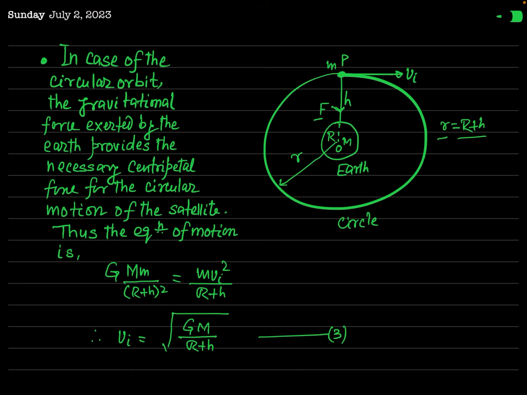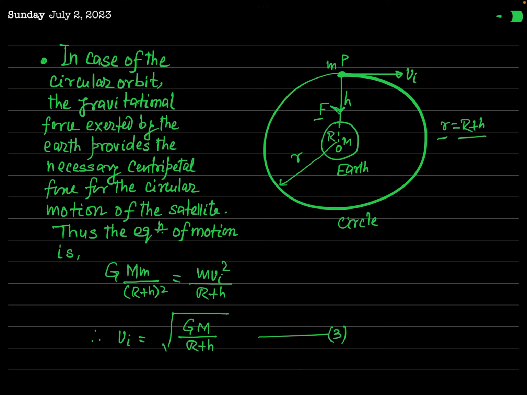For circular motion, a centripetal force is required. Centripetal force provides the circular motion. Here, the gravitational force exerted by the Earth on the satellite acts as the centripetal force, and due to that very force, the satellite revolves along this circular orbit.